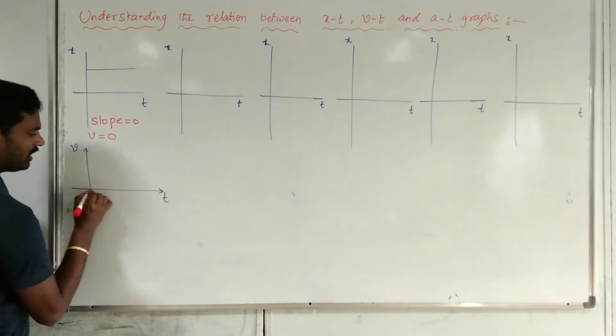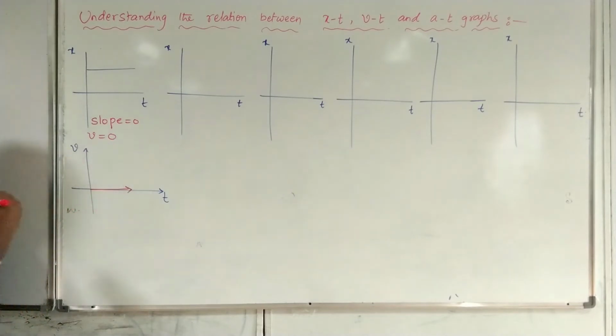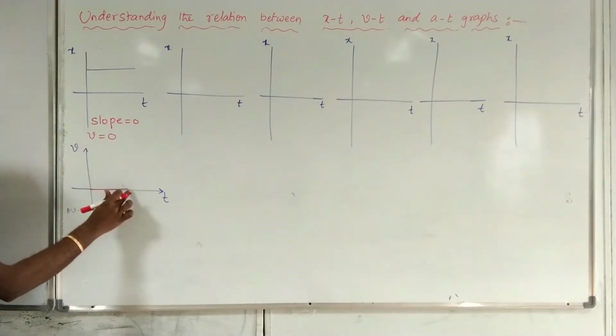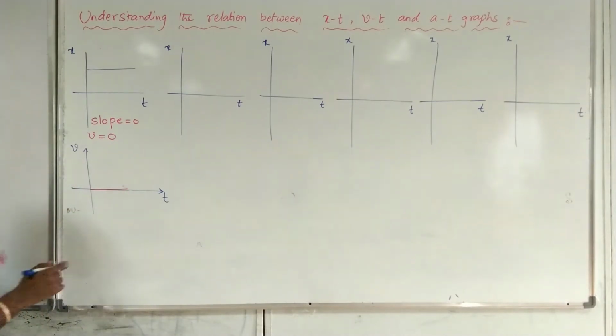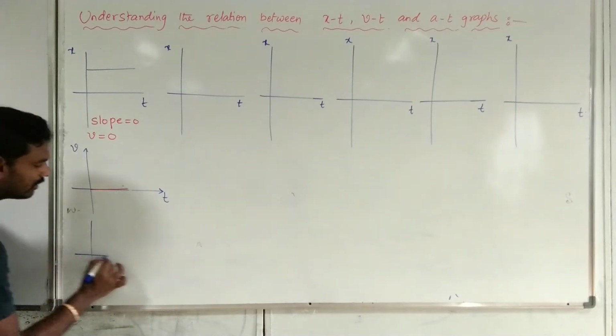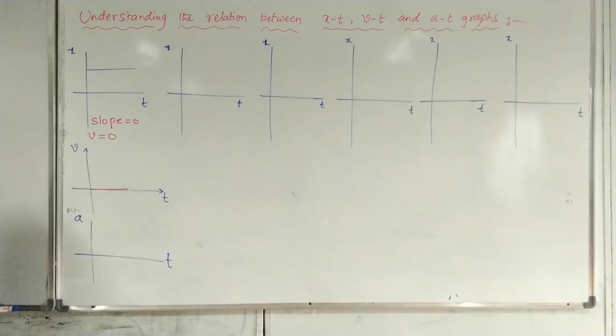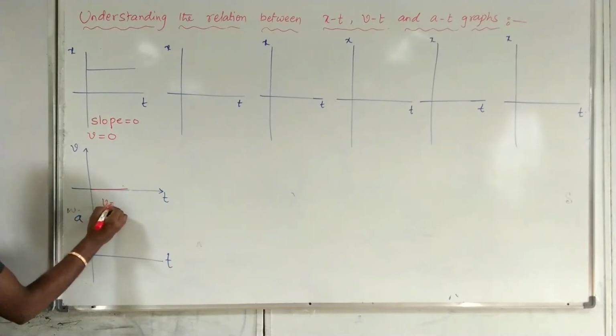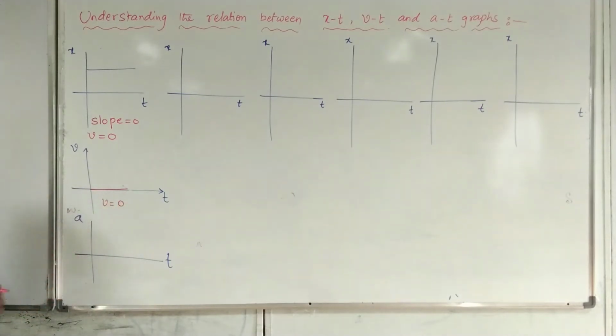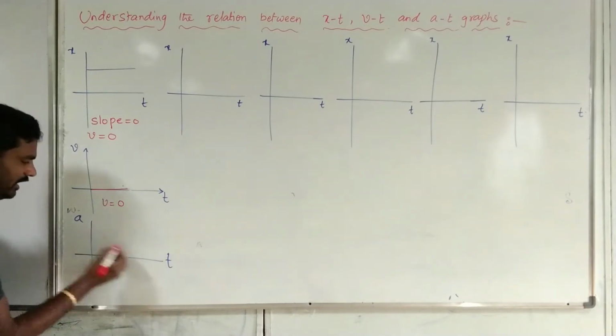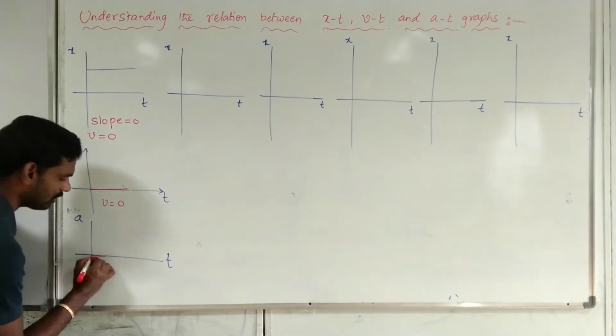The respective Vt graph looks like this, velocity equal to 0, and the corresponding acceleration versus time graph looks like this. If velocity is constant at 0, rate of change of constant is equal to 0. That means the At graph is also like this.